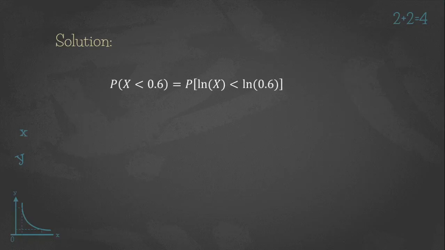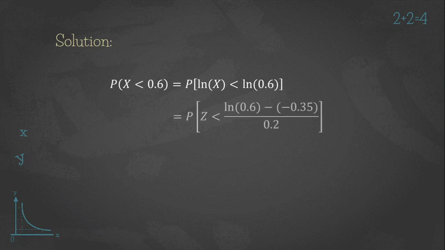The probability of x is less than 0.6. So, kunin natin yung natural logarithm equals the probability of ln of x is less than ln of 0.6. So, equal the probability of variable z is less than ln of 0.6 minus negative 0.35 over 0.2. So, sinubstitute lang natin yung mga given.